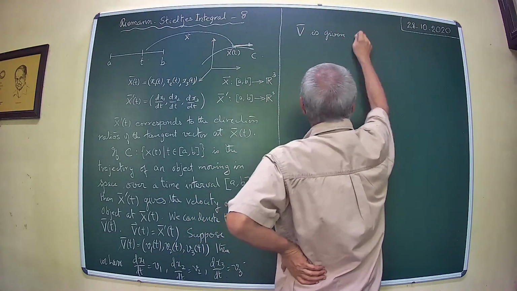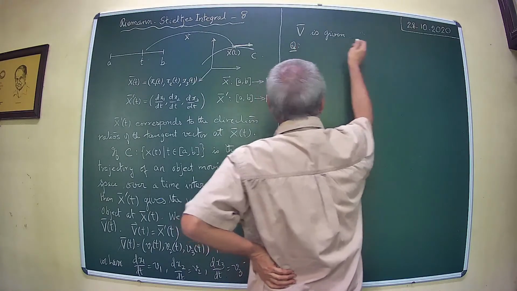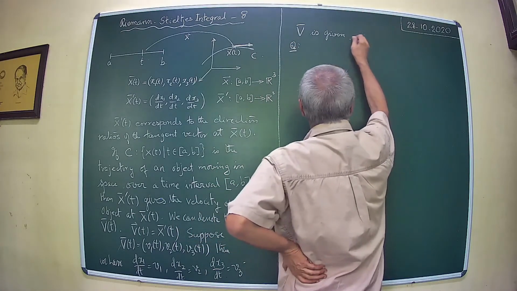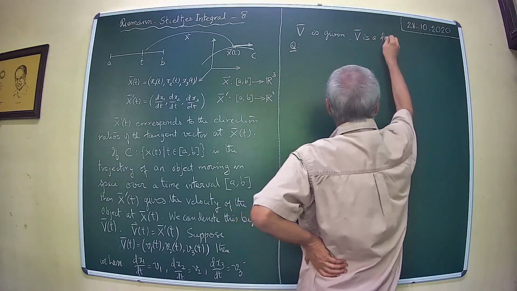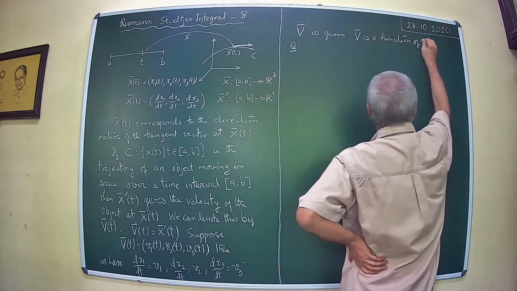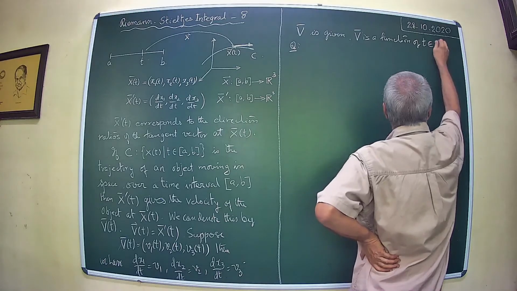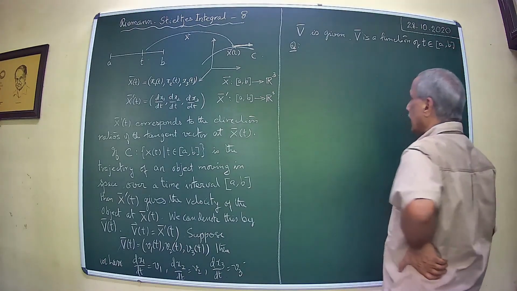Well, the question is, v is a function of t over the time interval a to b.